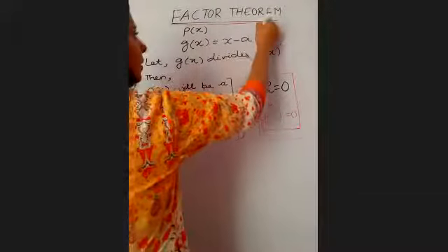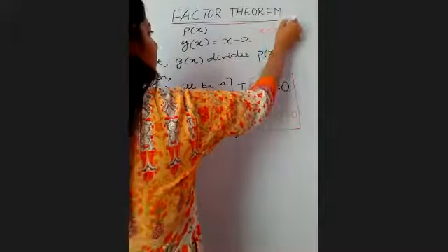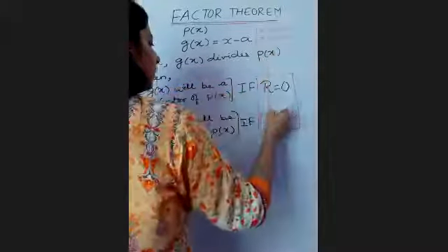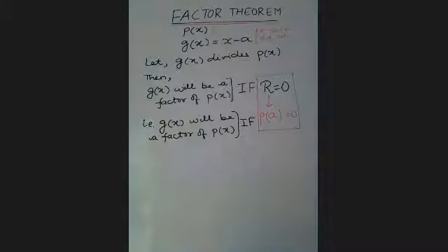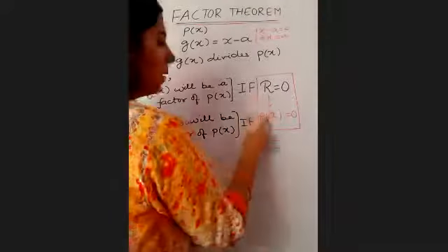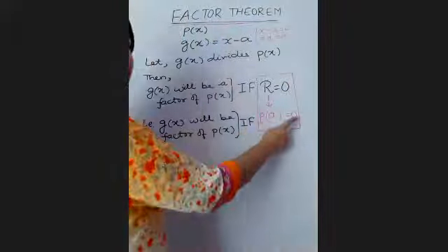Plus a. Have I written anything new so far? No, ma'am. We have already discussed this, that remainder should be 0. And remainder we know by remainder theorem is given by p(a).